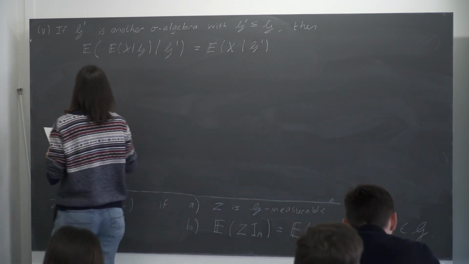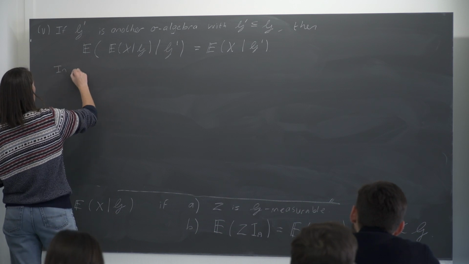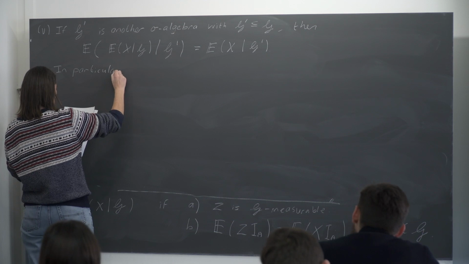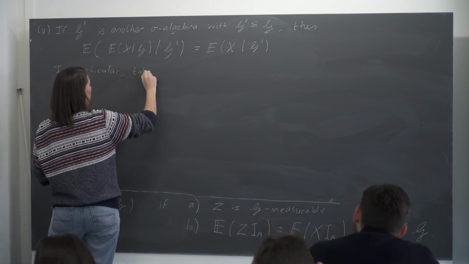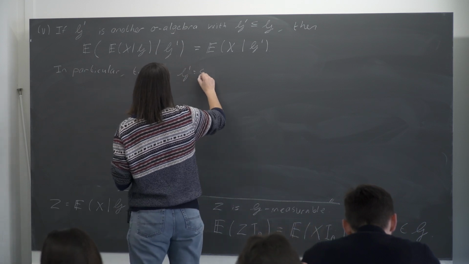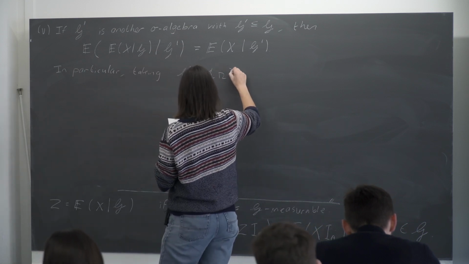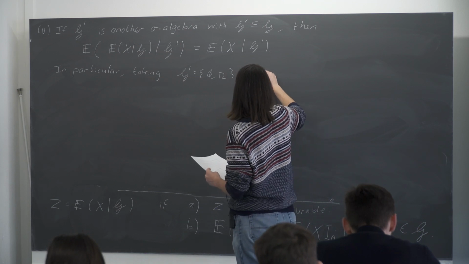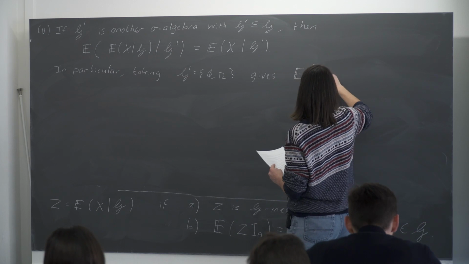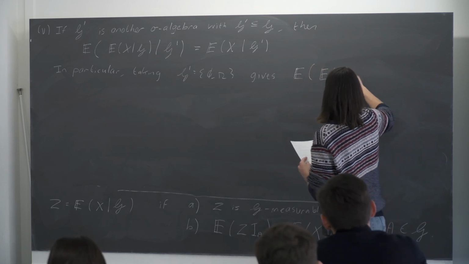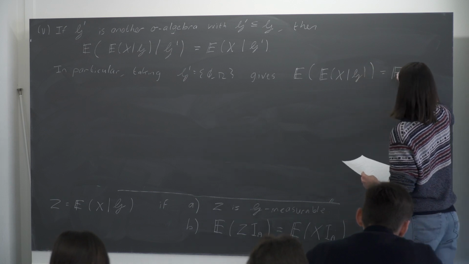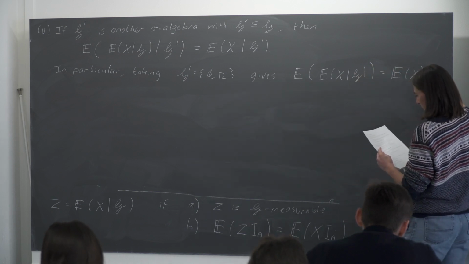In particular, taking G prime to be the trivial sigma algebra gives that the expected value of the conditional expectation of X given G is just the ordinary expected value of X.